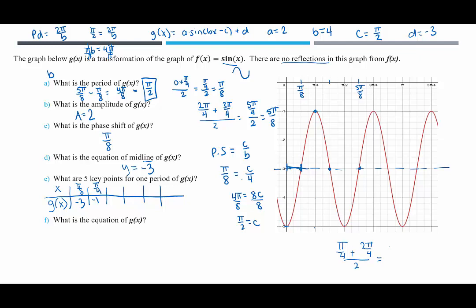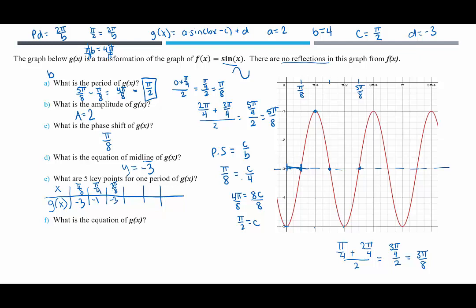Pi over 4 plus 2 pi over 4 is 3 pi over 4, over 2. And we're going to just squash those. We're going to end up with 3 pi over 8 when it's all said and done. So the next x coordinate will be 3 pi over 8. And the y coordinate, we're back at the midline, -3.